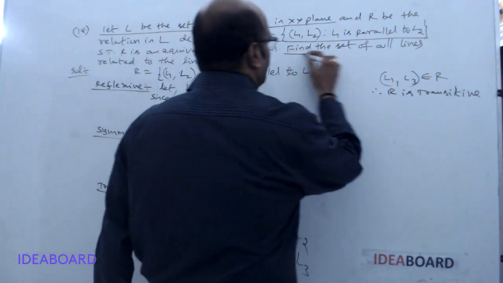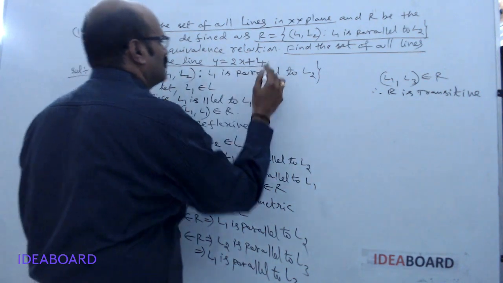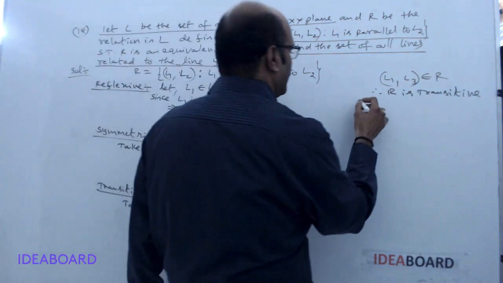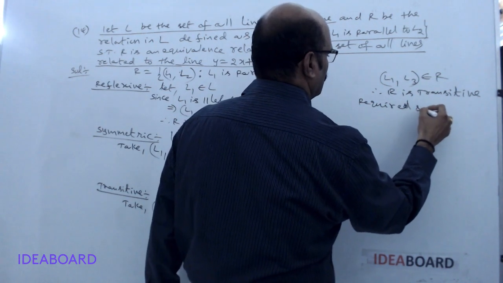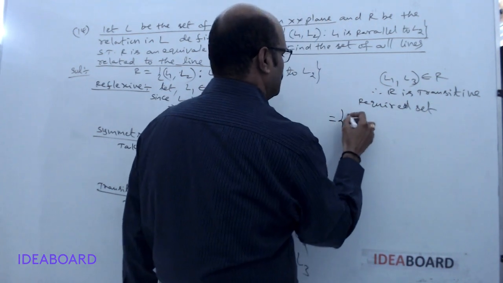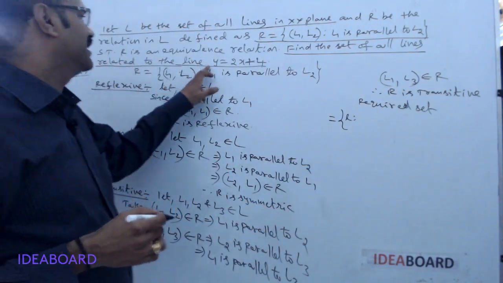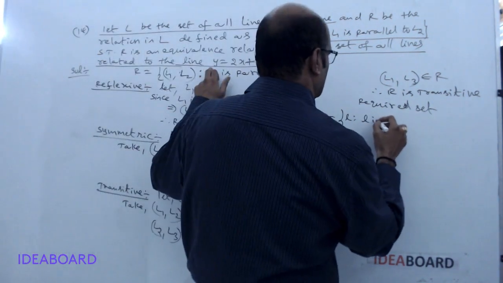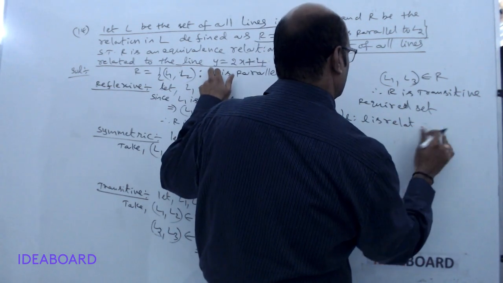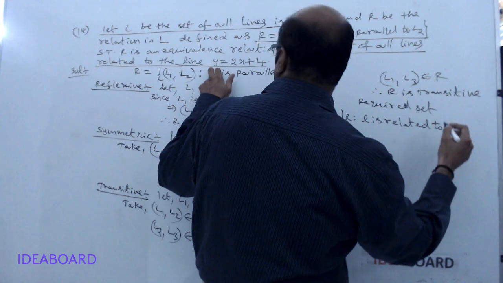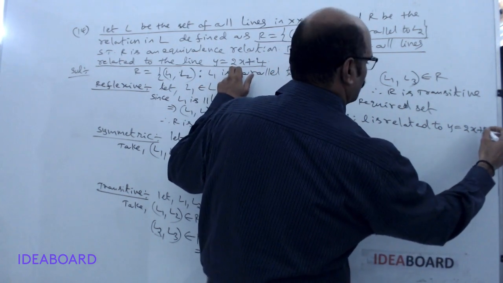Now, find the set of all lines related to the line y equal to 2x plus 4. Required set equal to L such that L is related to y equal to 2x plus 4.